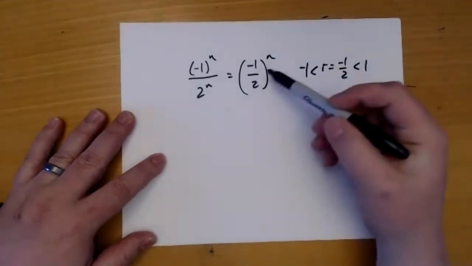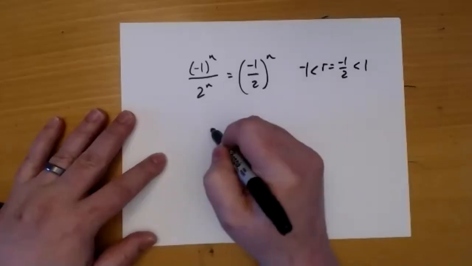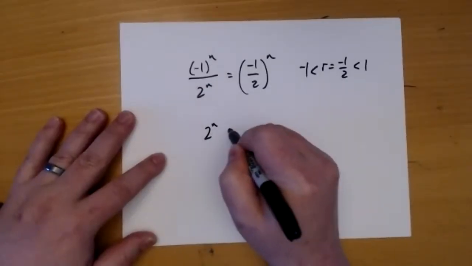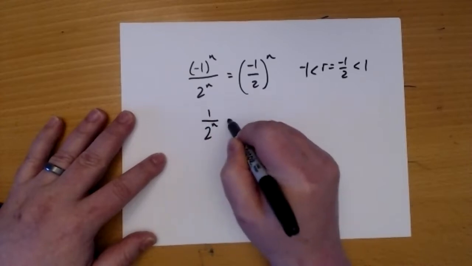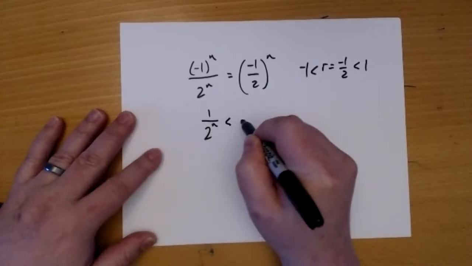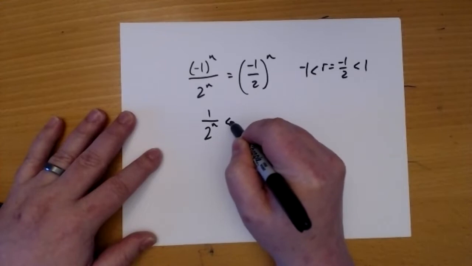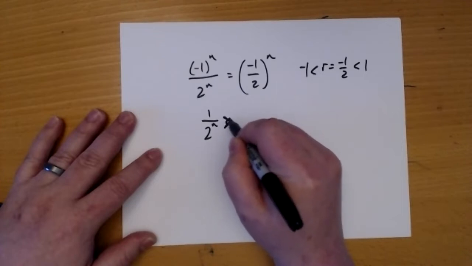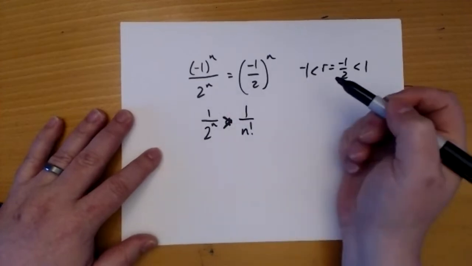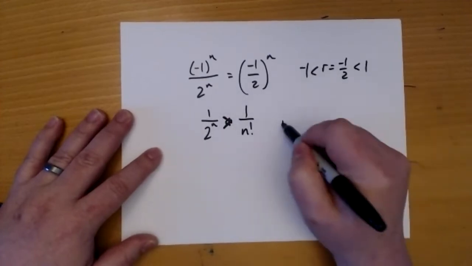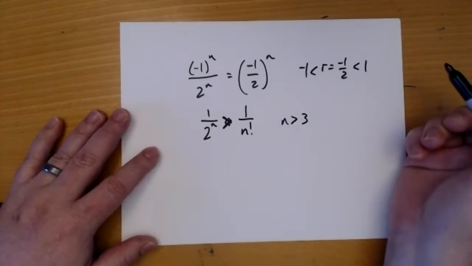So this converges, and 1 over 2 to the n is always greater than 1 over n factorial once n is greater than 3.